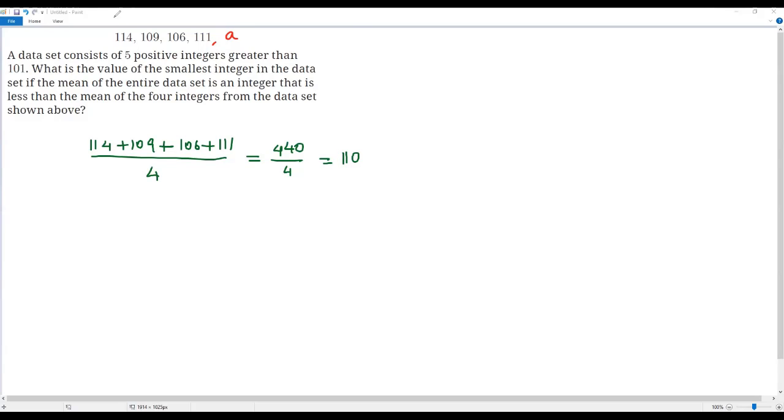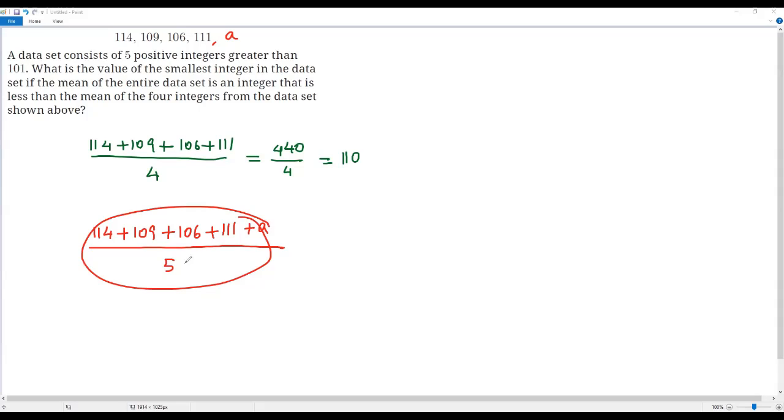Now let me find the arithmetic mean of the five values: 114 plus 109 plus 106 plus 111 plus A. To get the arithmetic mean, I just have to add all five values and divide by 5. This arithmetic mean will be less than the arithmetic mean of the four integers, that is 110.